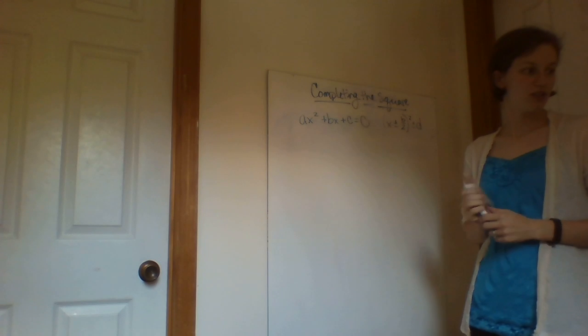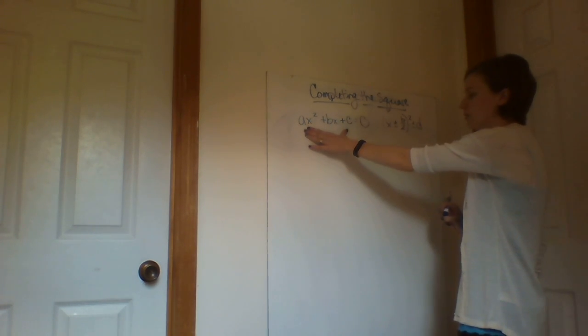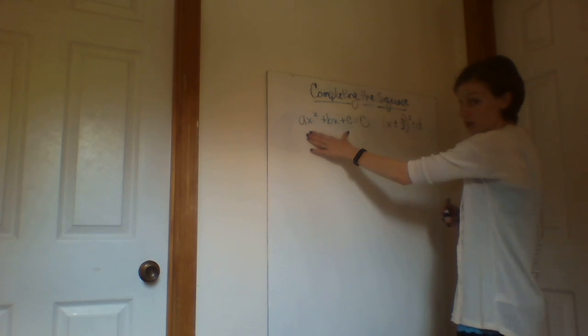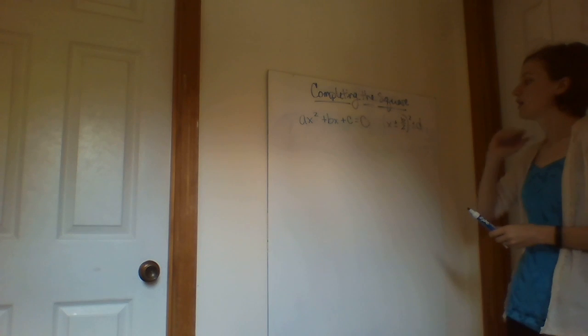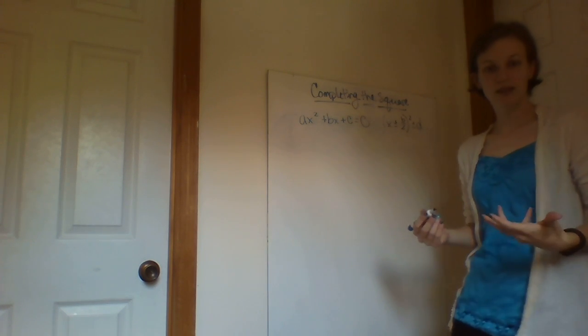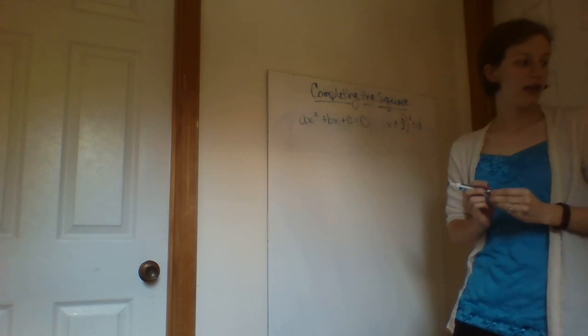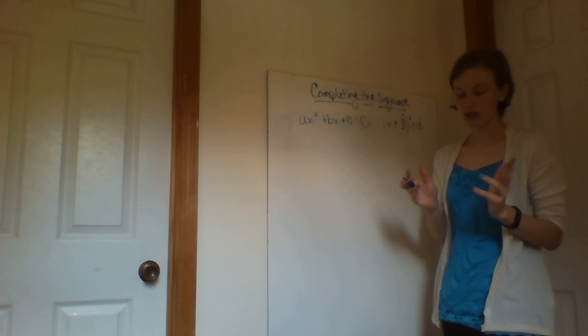So to get started, I'm going to show you how to do it with ax squared plus bx plus c. I'm going to go through those steps, and then we're going to go through an actual example problem, and then after that I'll show you a couple other forms that we might deal with later.